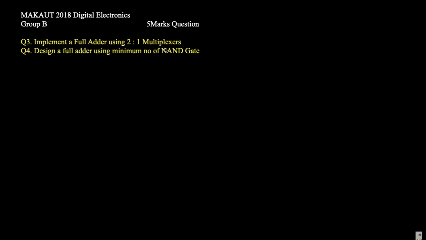So what kind of circuit is an adder? An adder is nothing but a combinational circuit. I can solve it directly, but questions like a full adder using a multiplexer or a full adder using NAND gates are basically combinational circuits built with multiplexers and NAND gates.